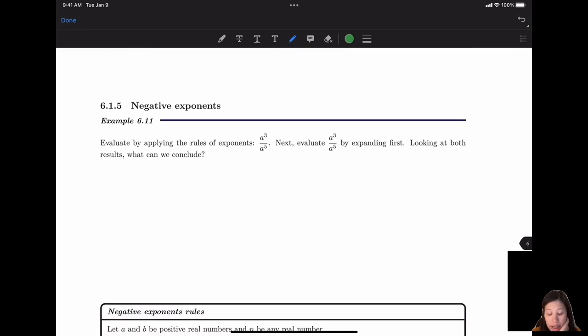Negative exponent. So let's expand this. a to the third over a to the 5th. This is equal to what? We have a to the third, which is 3 a's multiplied together, and a to the 5th, which is 5 a's multiplied together. When we simplify it, we will have 1 over a times a, which is 1 over a squared.